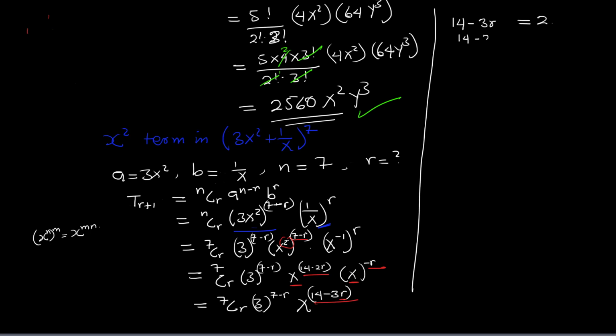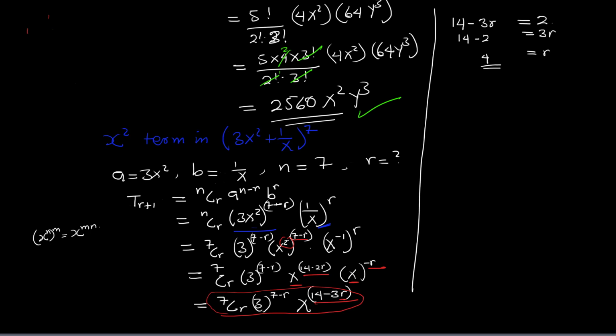Solving, 14 minus 2 will be equal to 3r, which indicates that 4 is equal to r. So once r is equal to 4, we can substitute it back into our equation here to get the coefficient of the x squared term.